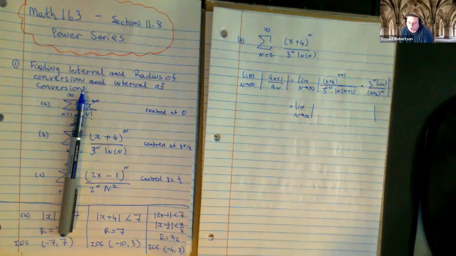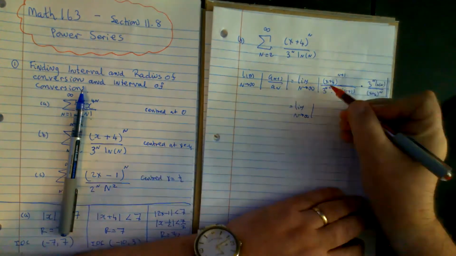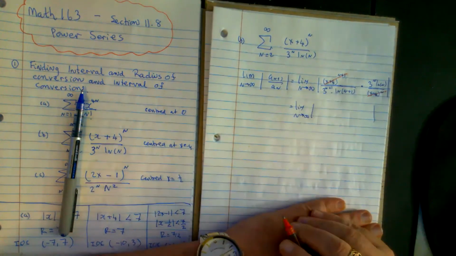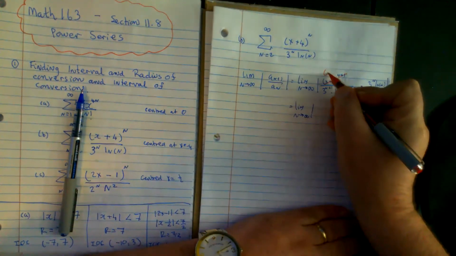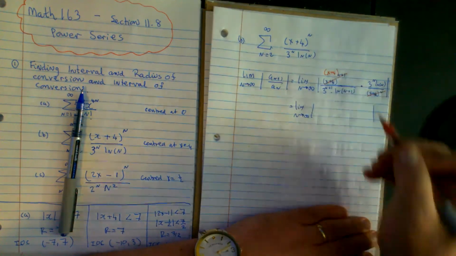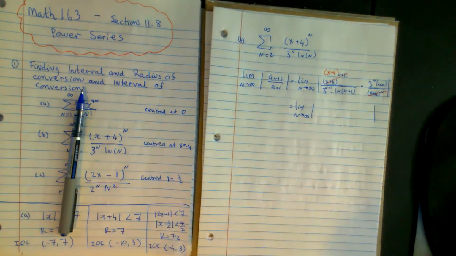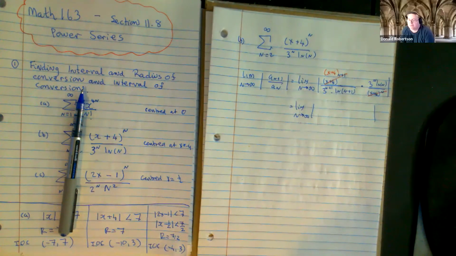x plus 4 to the n plus 1, cancel out x plus 4 to the n on the bottom. Left with, let's see, x plus 4 with a 1. So x plus 4 left on the top. Okay, somebody else now. Find something else to cancel.